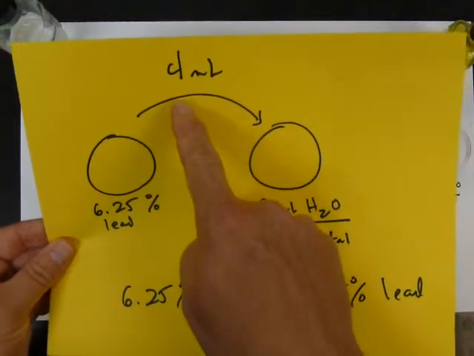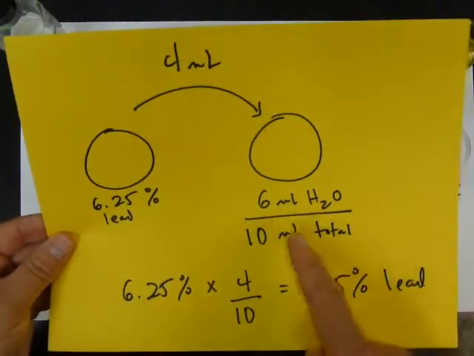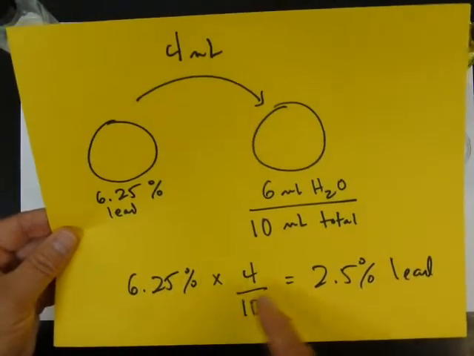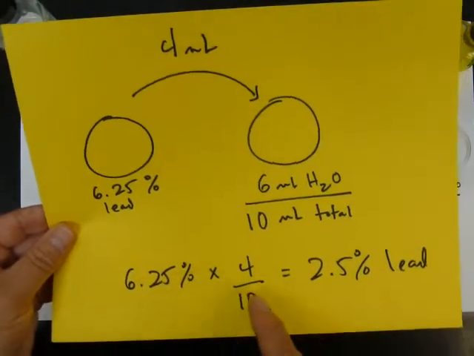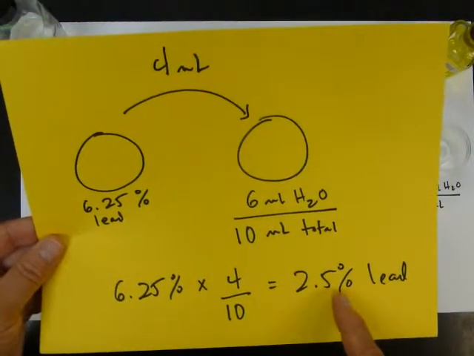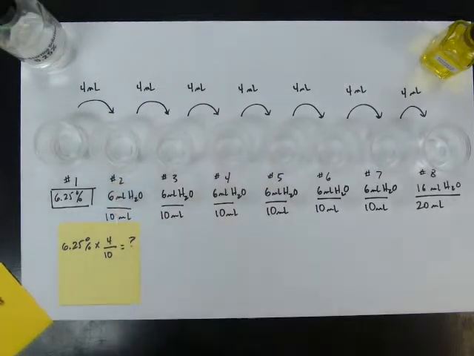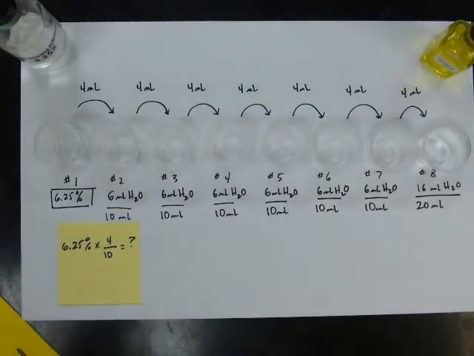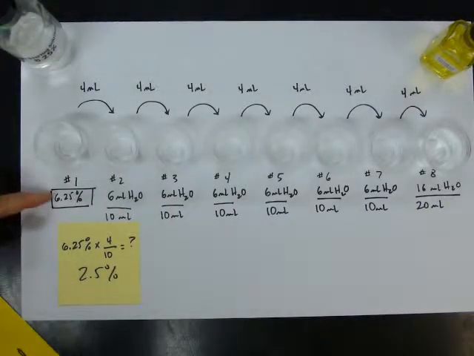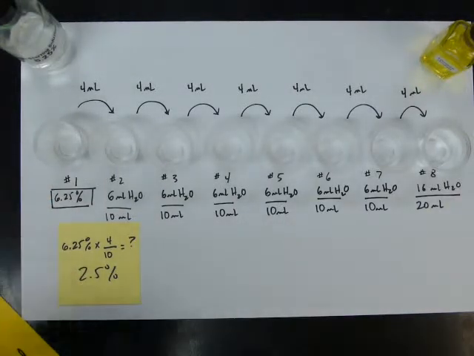If I add 4 milliliters to 6 milliliters of water, that makes a 10 milliliter total. 4 out of those 10 milliliters came from this solution. So 4/10 of this concentration is what's in the next cup. So cup number 2 here has a concentration of 2.5%. Compared to the one that I started with, this concentration is lower.